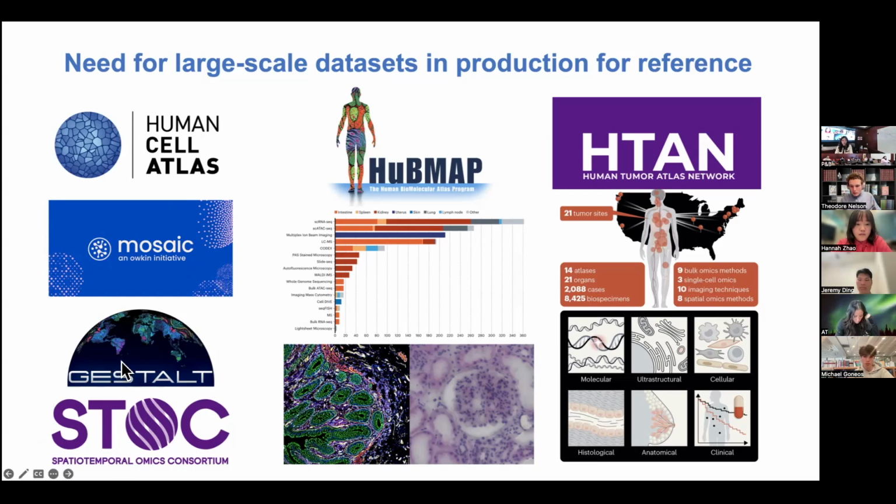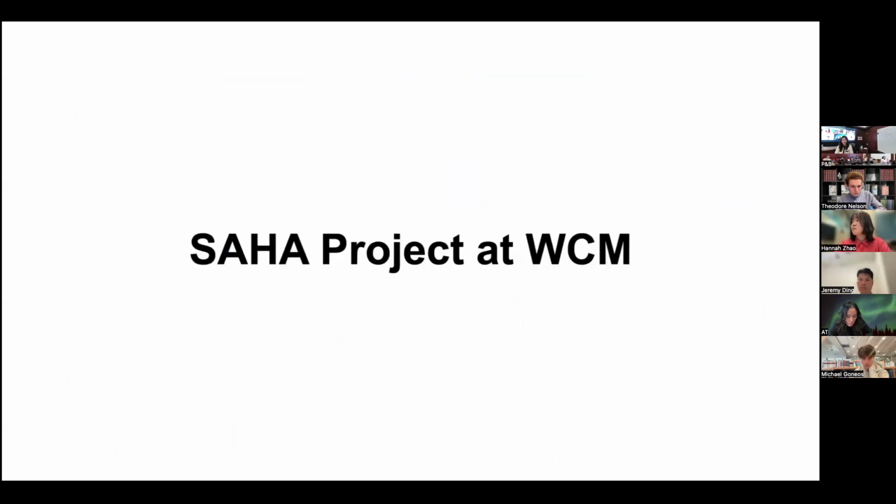There are also different consortia that are budding, like Gestalt and Stop, which I think Chris and I are part of, that aim to build a community of scientists to develop tools together, troubleshoot, and have these large data sets in place for us to use faster and maximize what we can do with these data sets.